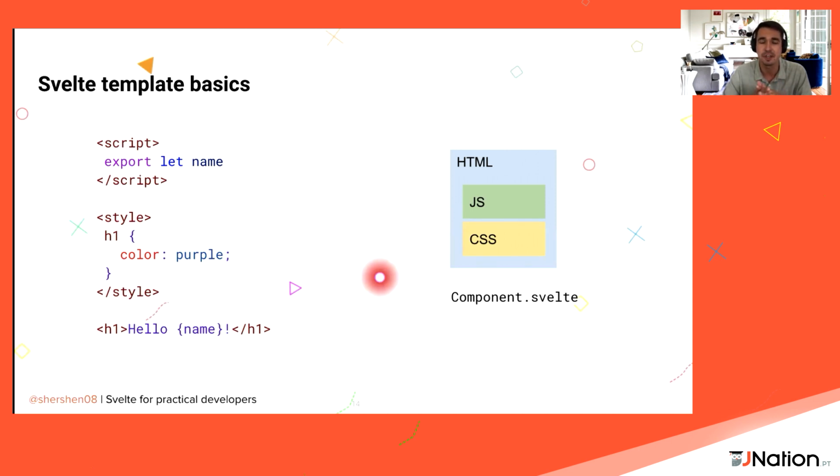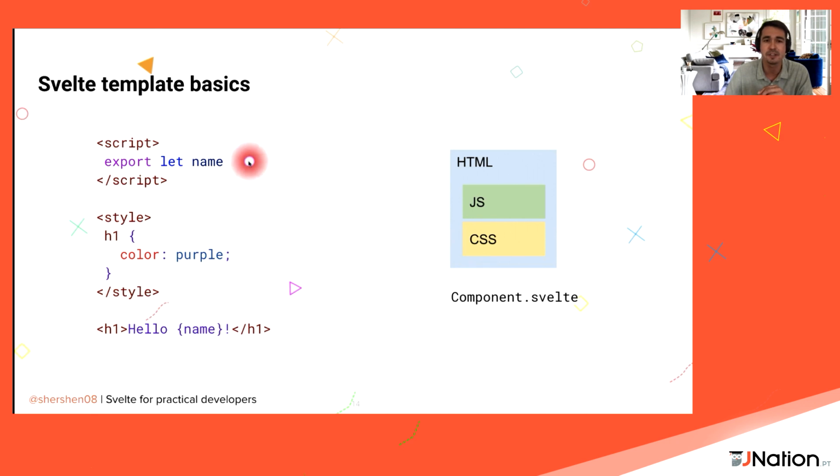The difference is that you do not limit HTML into a separate template tag or something like this. You can just write it anywhere, above, below, in the middle. It will all work because it's a compiler that will parse your component and extract the script part and the style part, and will make them scoped by default. The styles are scoped by default in Svelte.